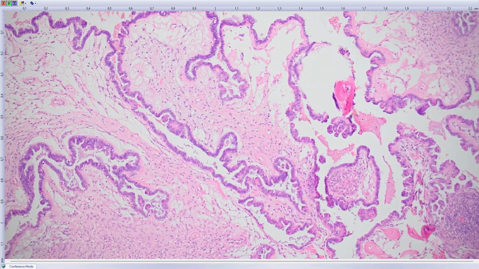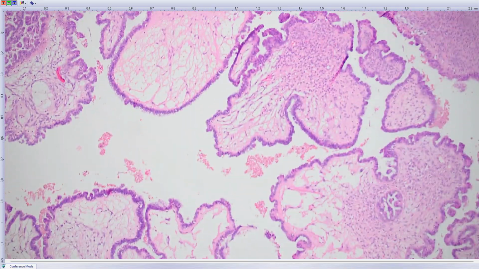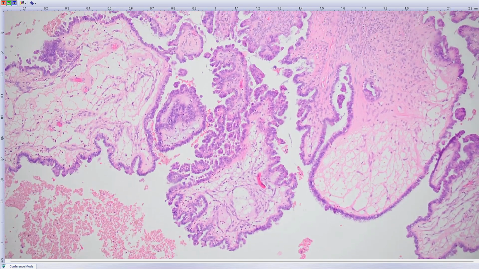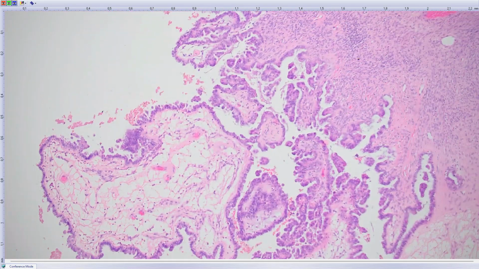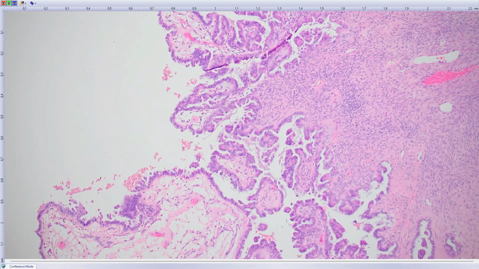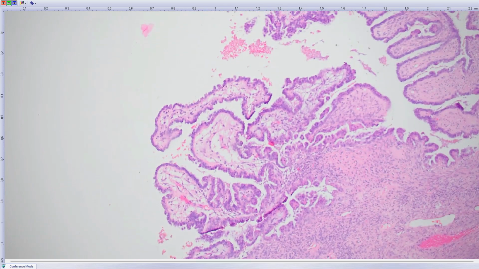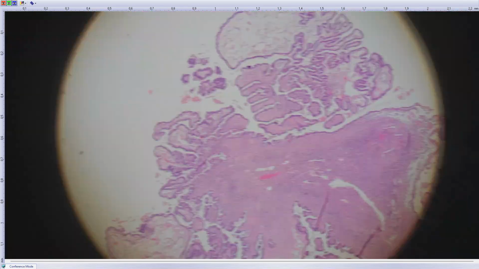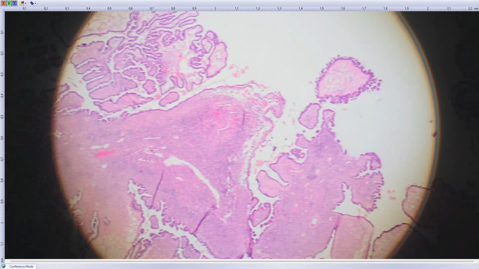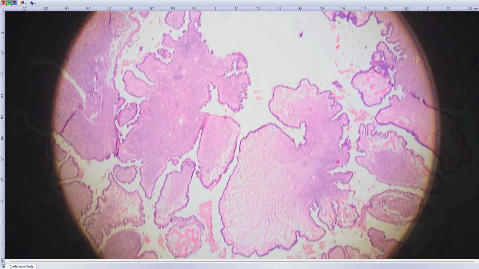Also very typical for this lesion is to originate from endometriosis, from endometrial cysts, which is not the case of serous borderline tumors, which originate from serous cystadenomas. So this is different from serous borderline tumor.